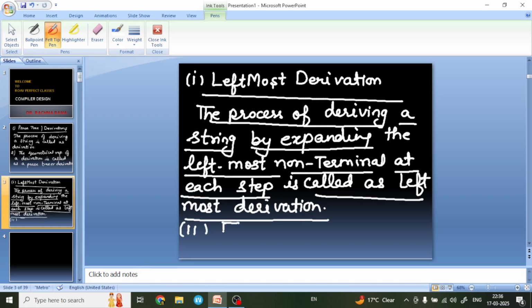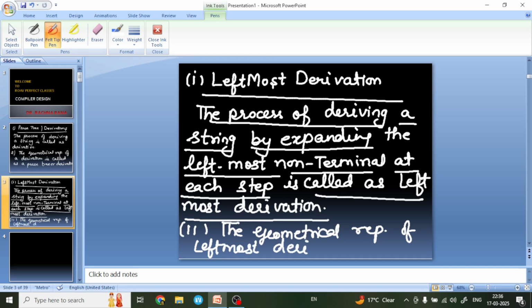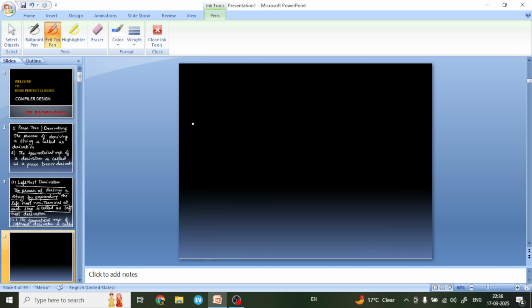And second point, the geometrical representation of leftmost derivation is called as a leftmost derivation tree.